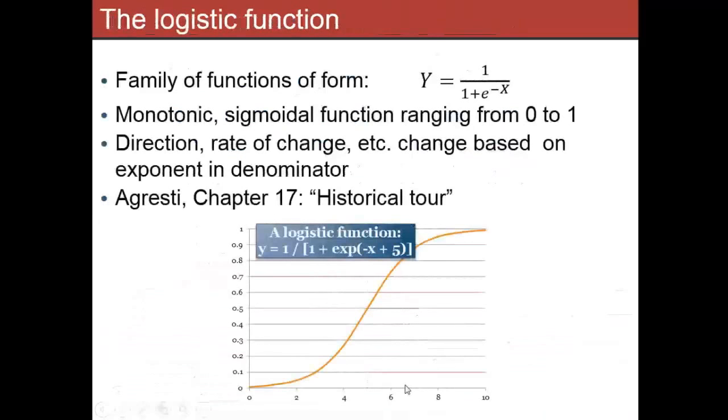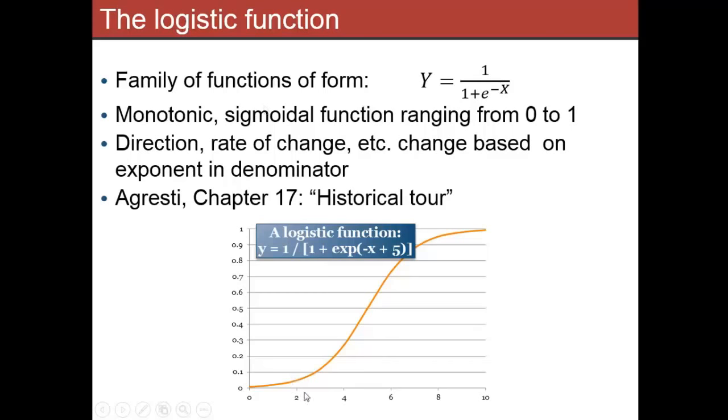Okay, so what's logistic regression? The model form was introduced yesterday, so I'm not going to go into a ton of detail here on the basic functional form of the logistic function. All the logistic functions look like this: 1 over 1 plus e to the minus x. Depending on what you put in for this x, you're going to get a different kind of interesting function, and they're all going to have this general shape.